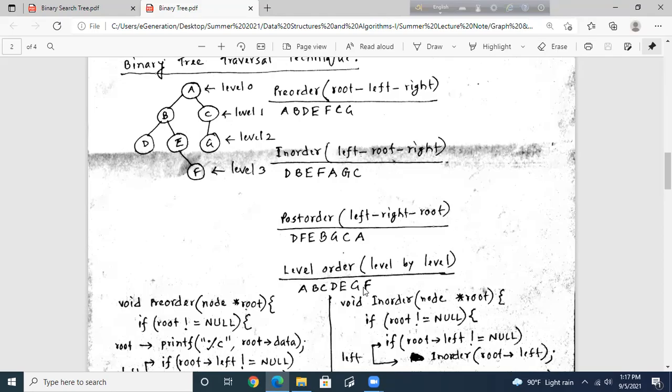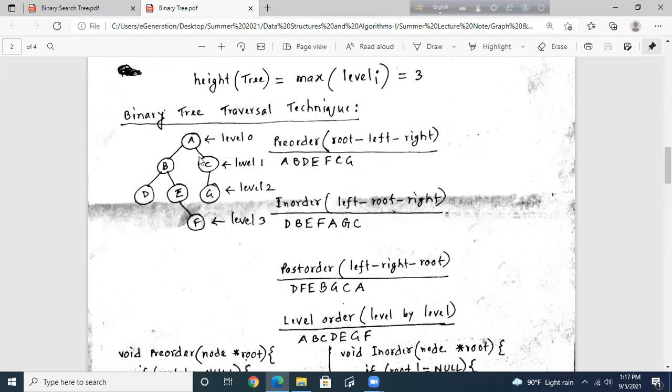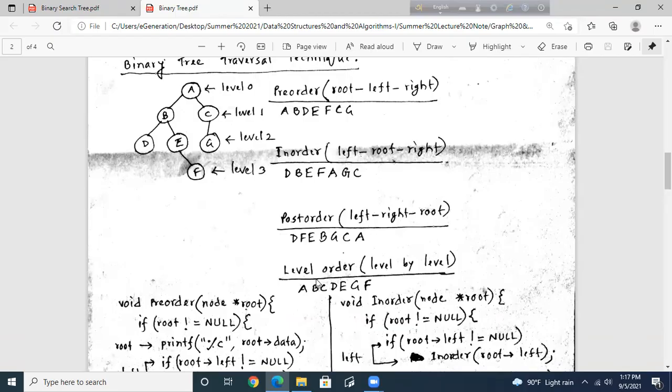Dear student, I hope you have understood the level order. Again, I am repeating: at level 0 I have A, so I write A. At level 1, B and C. At level 2, D, E, G. At level 3, F. So this is the level order traversal.